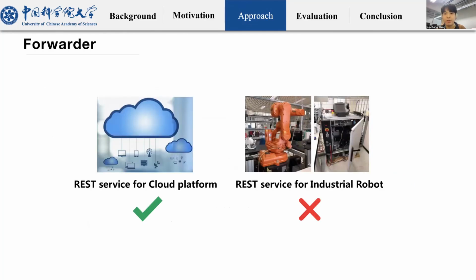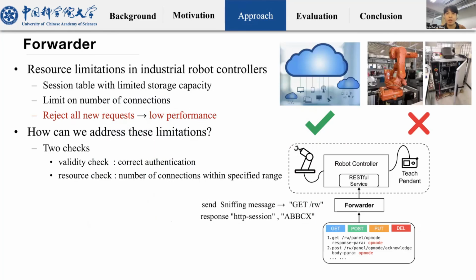For typical REST services deployed on cloud platforms, the previous steps are sufficient for fast testing. However, robot controllers impose strict resource usage limits. They reject excessive requests in a short period, and if overloaded, they refuse to accept any new requests. This drastically reduces test efficiency.